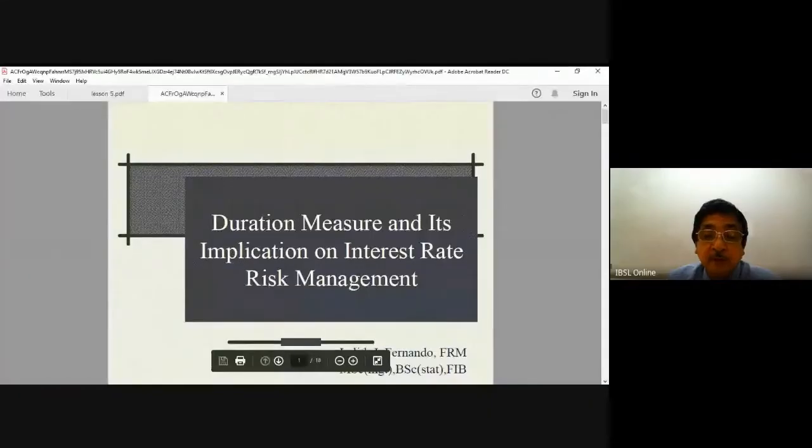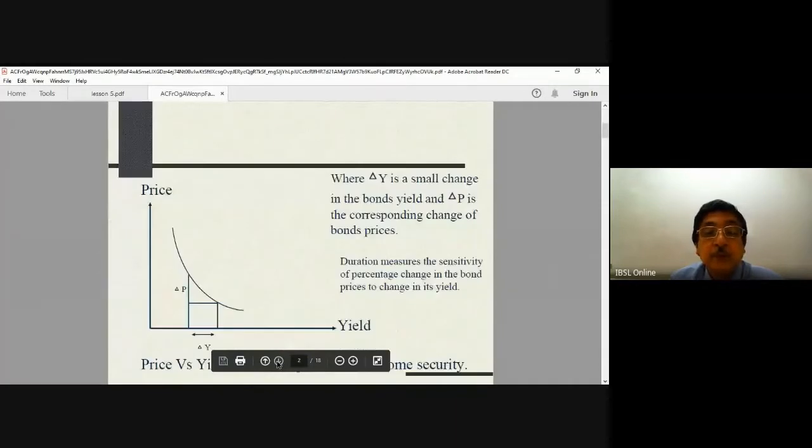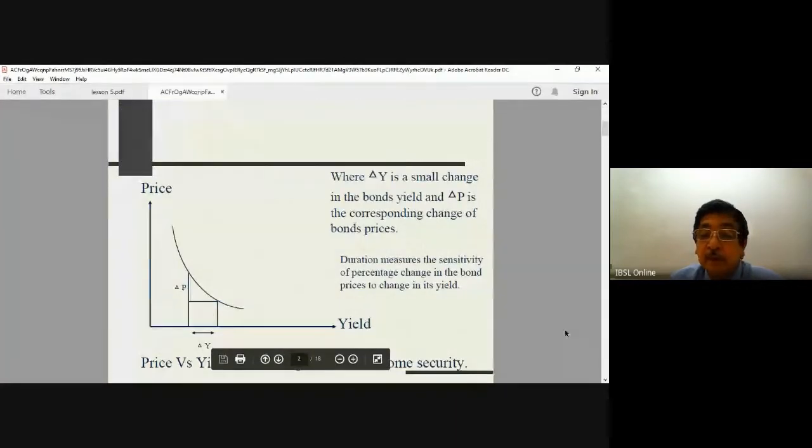Now when you plot the price and yield relationship as a graph, you get a curve. I can show that in the presentation. Right, under this presentation, now you see the slide on your screen.